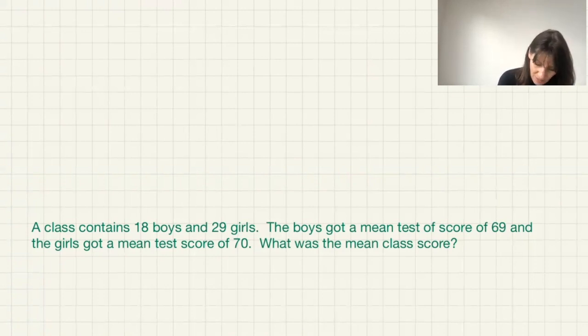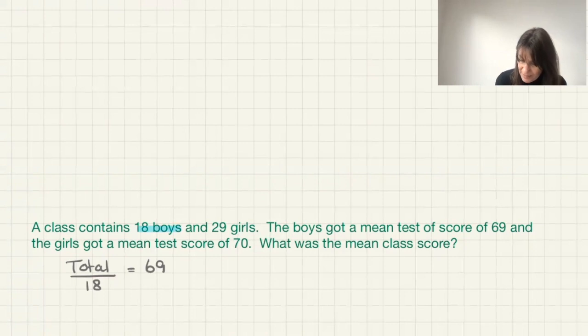So what I will be doing is saying there is a total that got divided by 18 to equal 69. So where did that come from? I've got 18 boys and the boys got a mean score of 69.